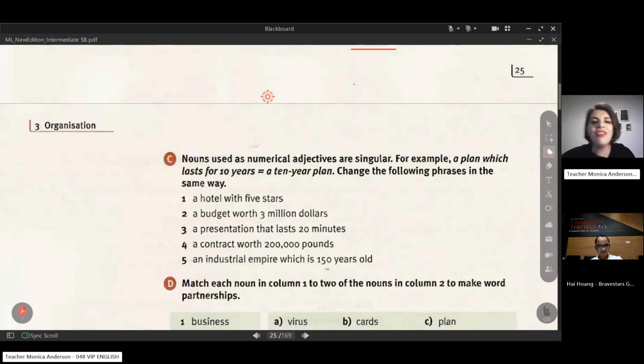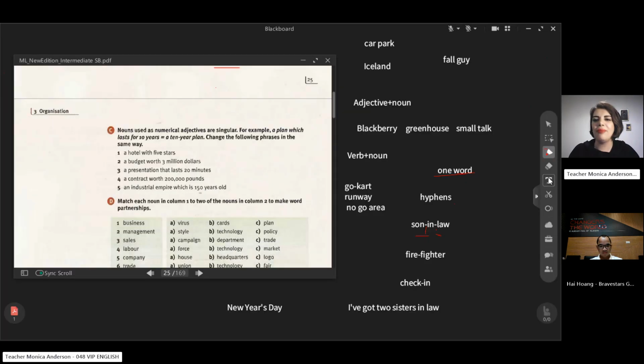Now, let's have a look at all the types of adjectives. We have numerical adjectives, for example. Look, a plan which lasts for 10 years, a 10-year plan.